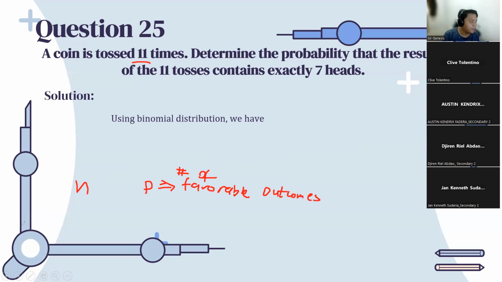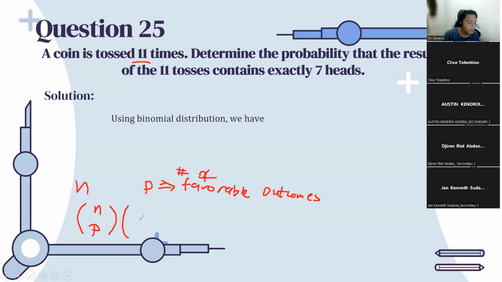So the formula will just be n choose p multiplied to, okay, I forgot the probability here.